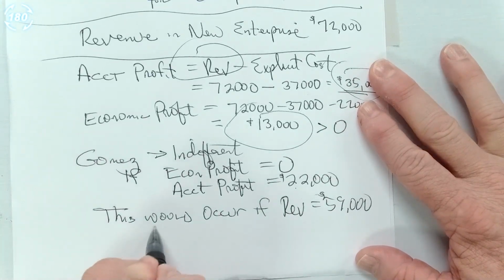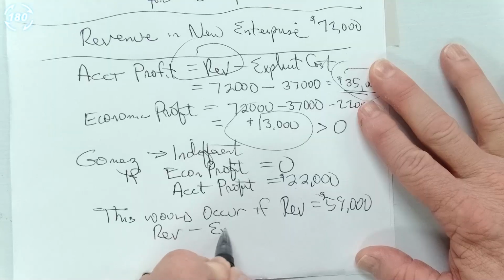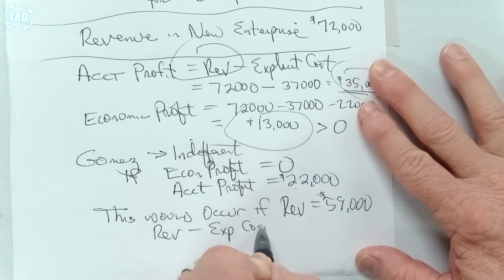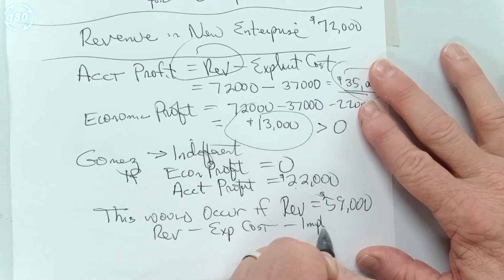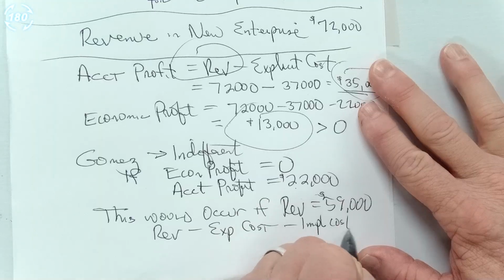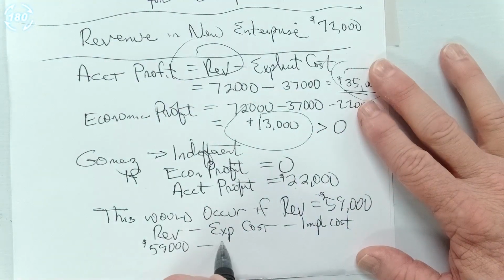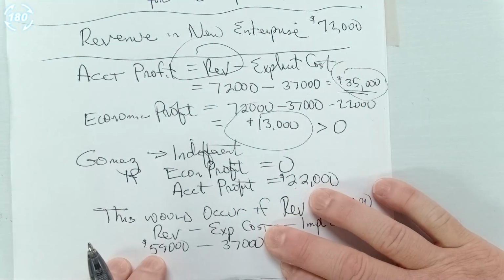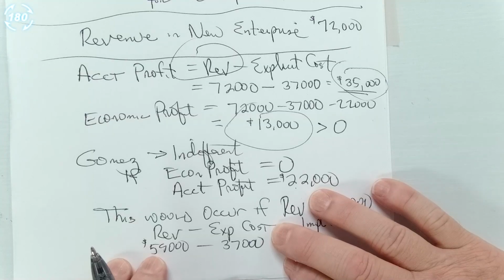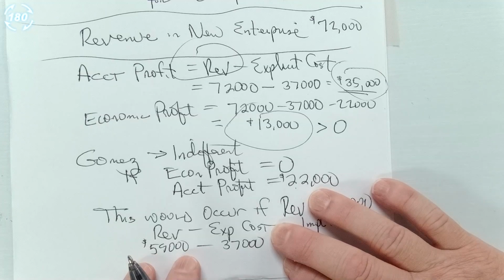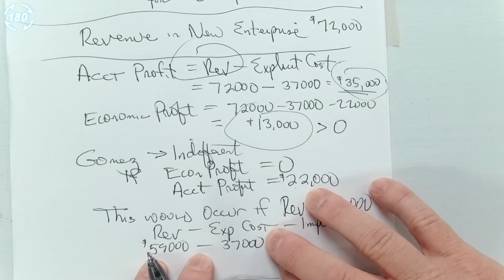There's some moving parts here. But if you take the revenue minus explicit cost minus implicit cost, and her revenue is $59,000, and her explicit cost, as we noted, is $37,000, then she's taking home, think of it that way, in a previous job, she would be taking home $22,000 at this point because she wouldn't have any explicit costs.